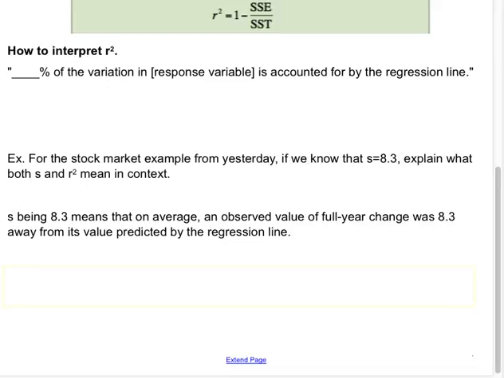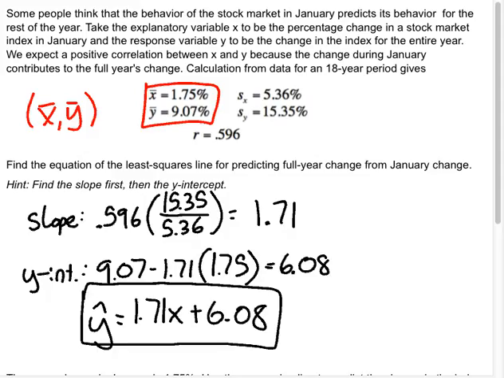And what about R squared? Okay, so what about the coefficient of determination? Well, let's go back and see yesterday's notes. So here is R. They gave us R in the problem.